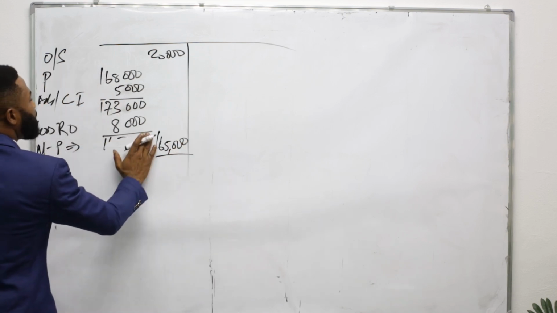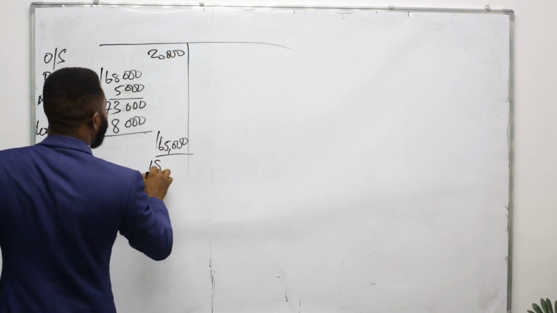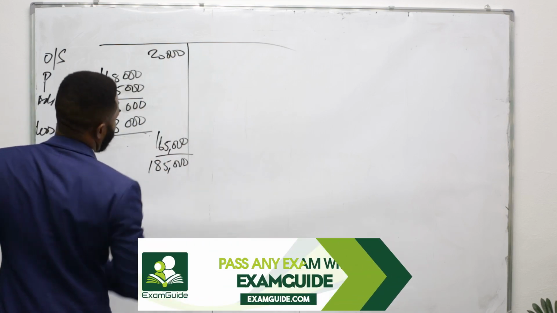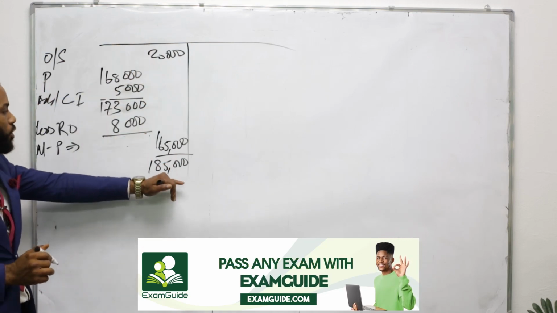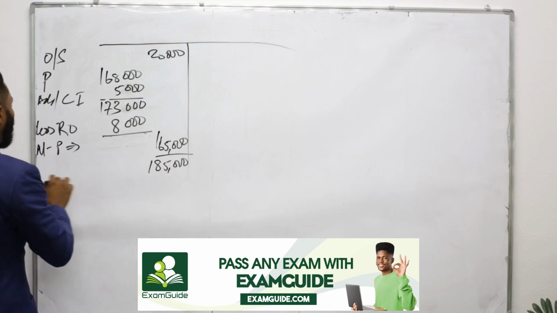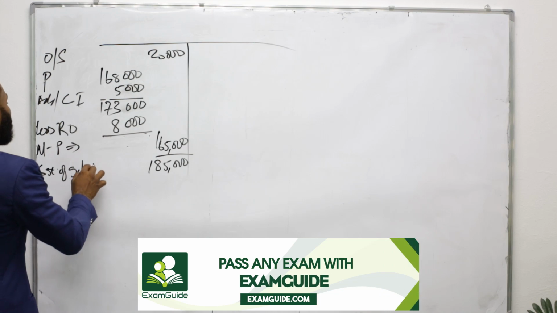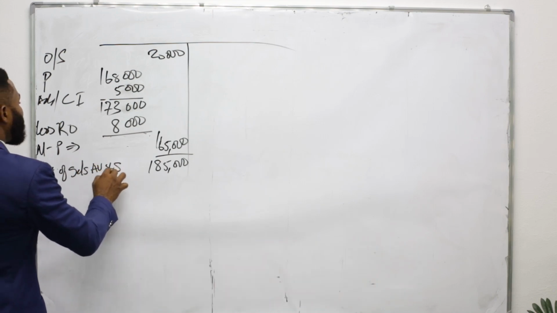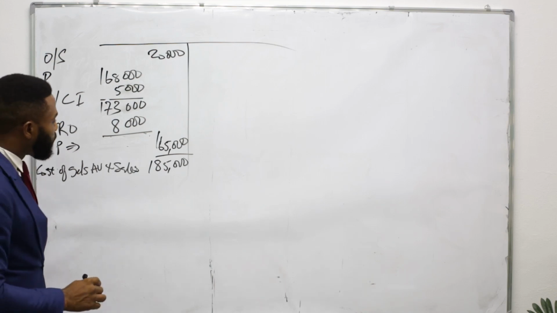When you add this to 20,000, you have 185,000. This is what we call your cost of goods available for sales.